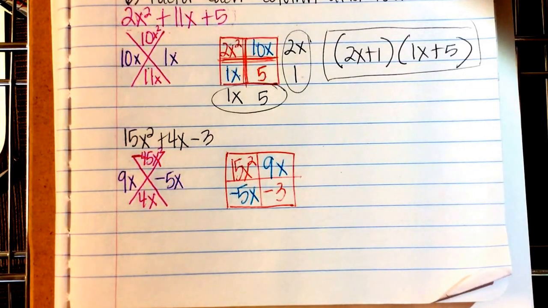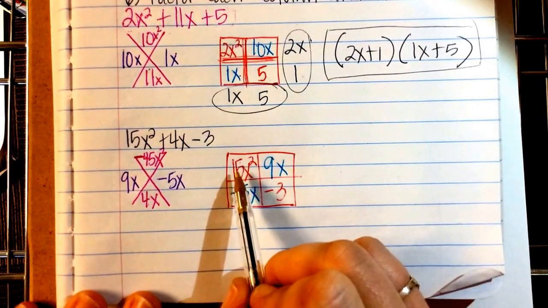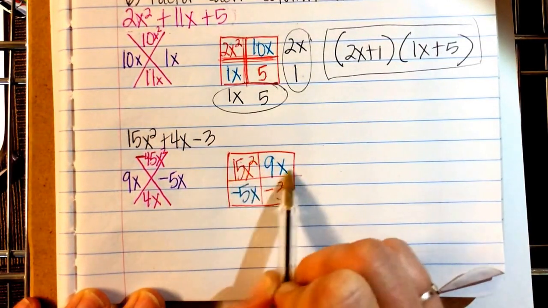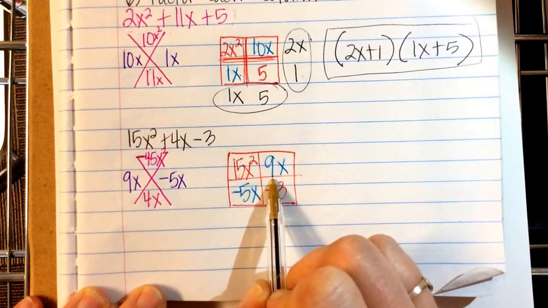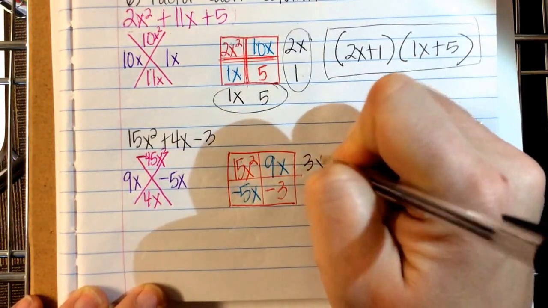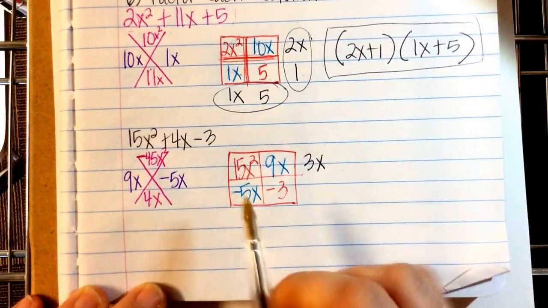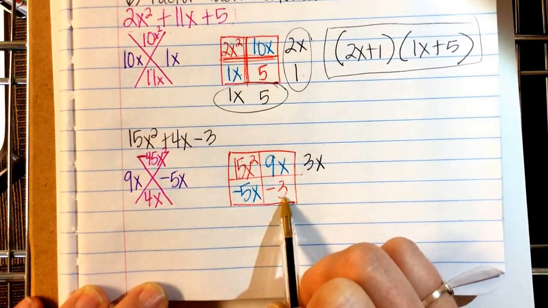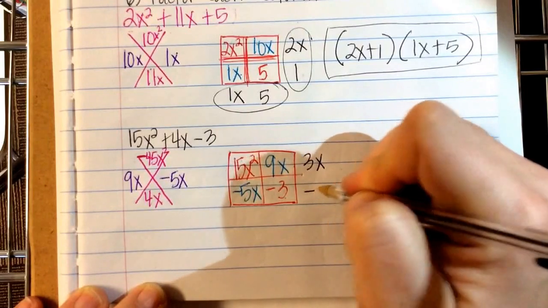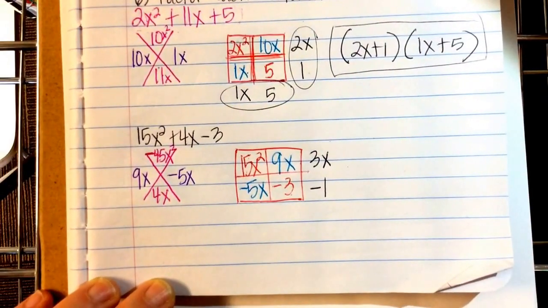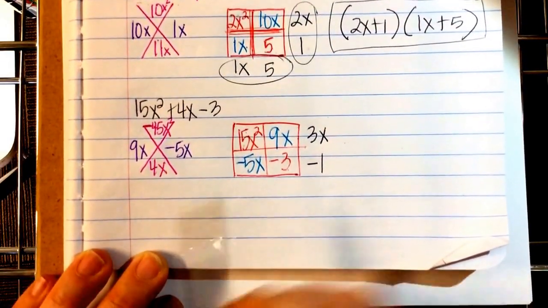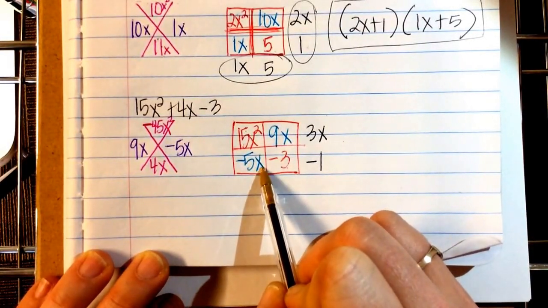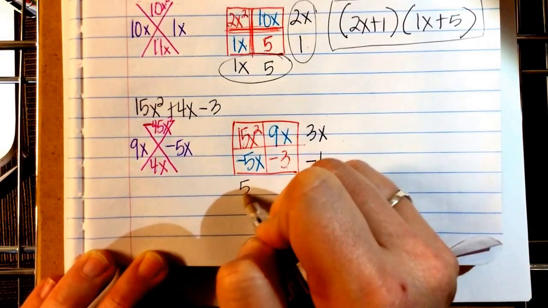After you fill it in, let's factor. What do 9x and 15x squared, what can they both be divided by? 3x. What do negative 5x and negative 3 share? Negative 1. What do 15x squared and negative 5x share? 5x.